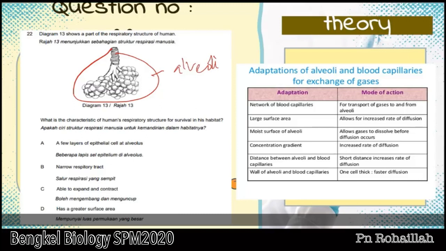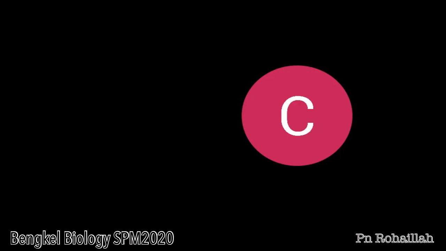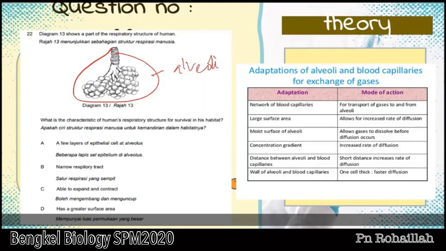Alright, so alveoli, what is the adaptation? So, first you look here. You look the jawapan. Okay. Has a few layer of epithelial cell. Ada ke? Is it sure ada a few layer? No, there is only one layer. Satu je. Okay. And then narrow respiratory tract. Narrow. Bila narrow, is it help for you to survive?